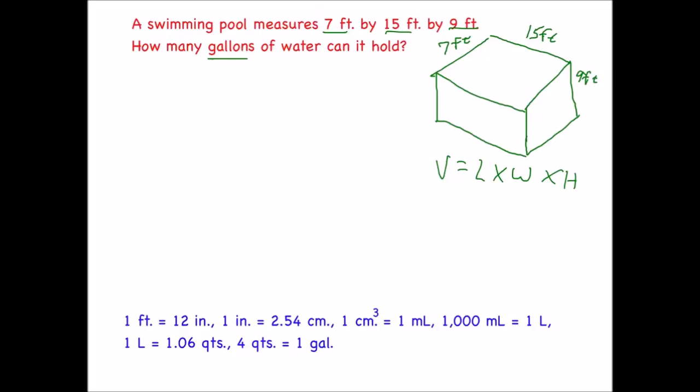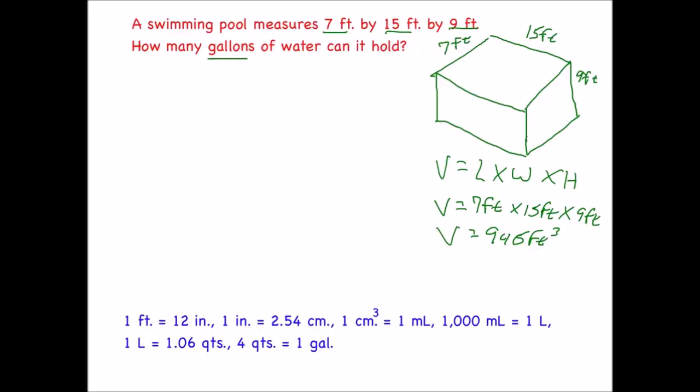So what we're actually going to do is we're going to find the volume in cubic feet first by multiplying 7 feet times 15 feet times 9 feet. And when you do that, the volume of this swimming pool is going to be 945 feet cubed.